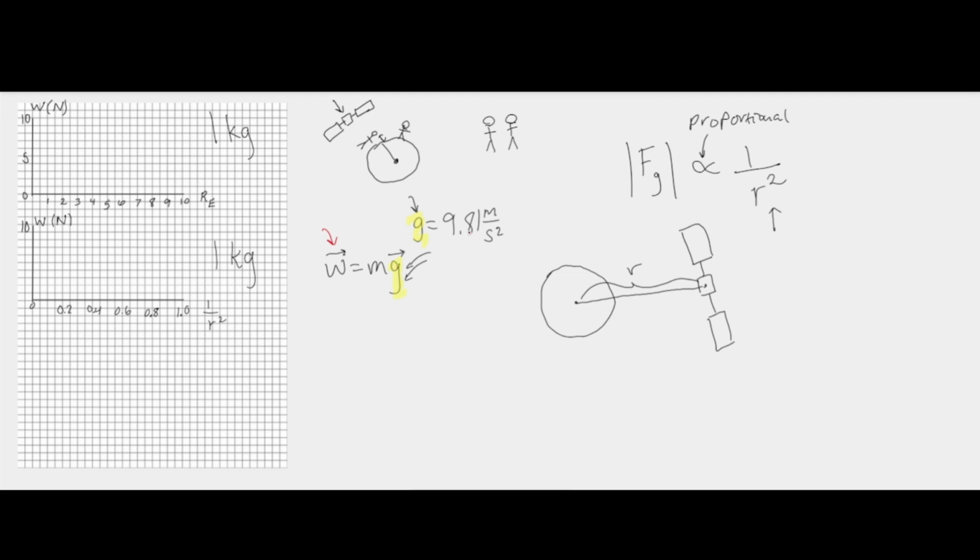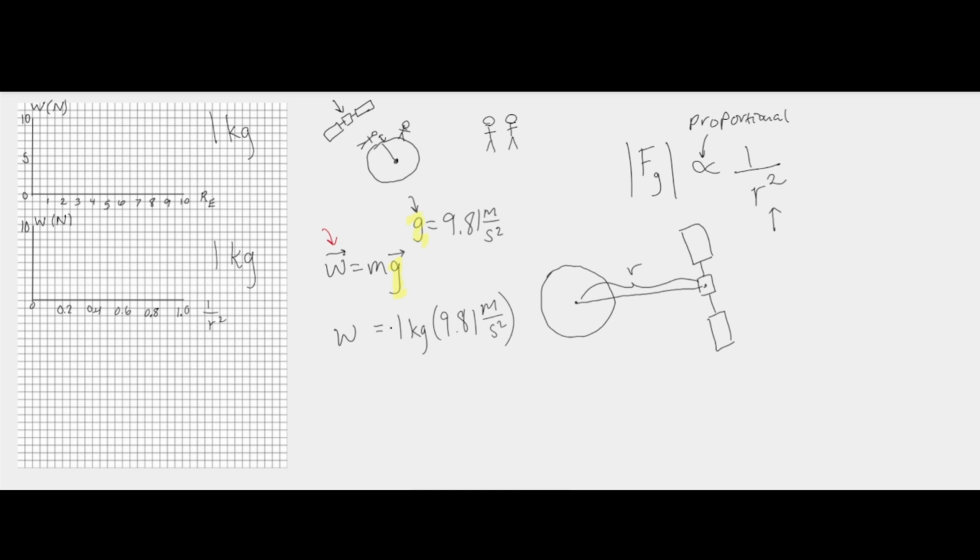It's approximately 9.81. So the weight force at 1 Earth radius for a 1 kilogram object is going to be 9.81 newtons. So let's write this out. It's going to be 1 kilogram times g, which is 9.81 meters per second squared. And this is the weight force.